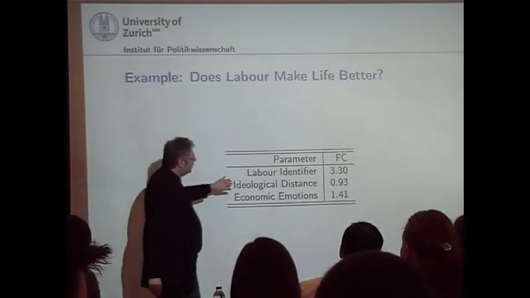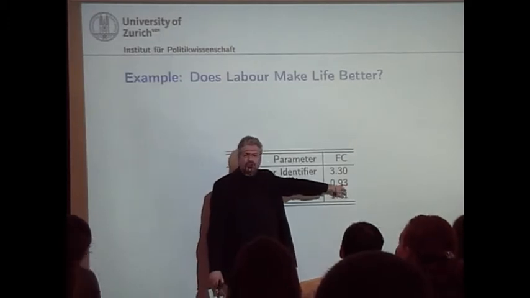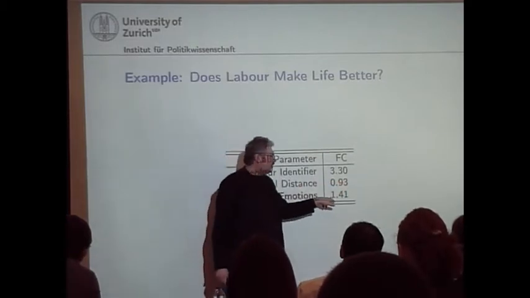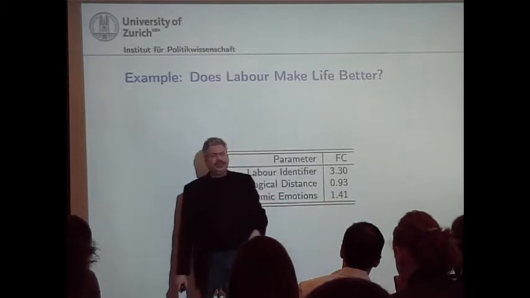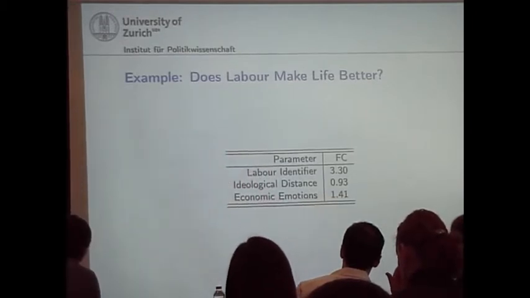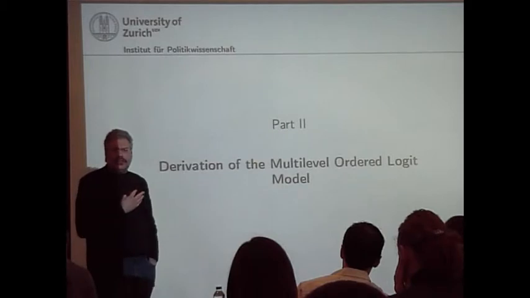The ideological distance has an effect, but this factor change is relatively close to 1. This is not a huge effect. Actually, the economic emotions seem to have a bigger factor change, which suggests that they might actually move the response probabilities a little bit more. Now, does all of this make some sense?